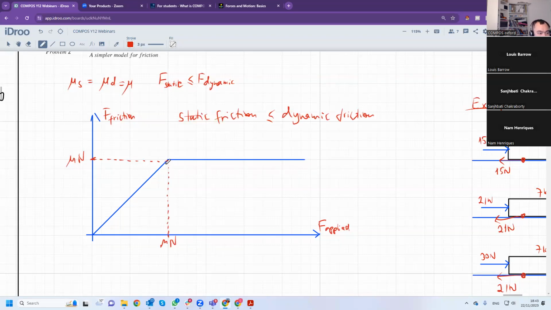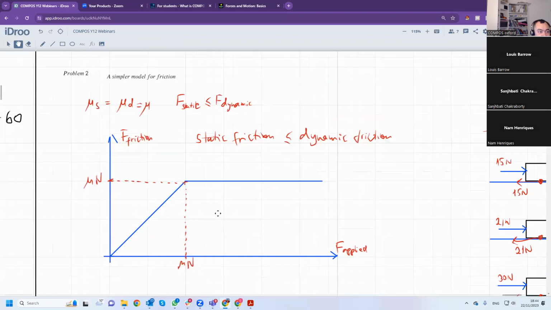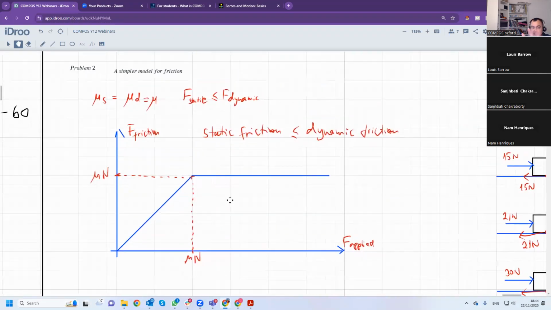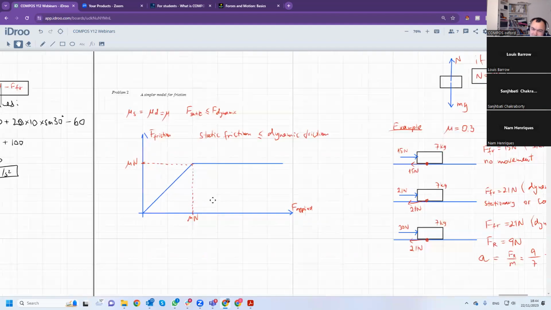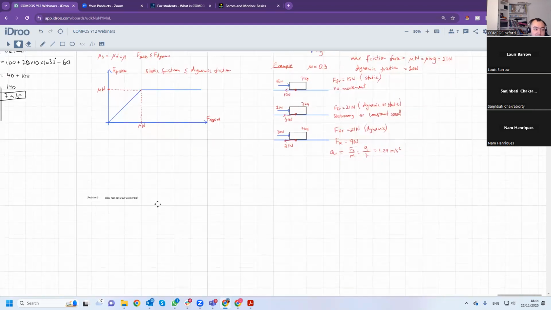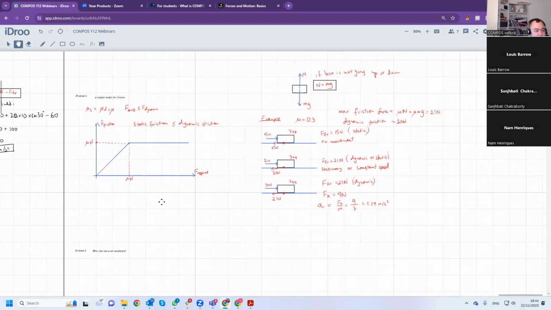Exactly. The maximum static friction is equal to dynamic friction. And this solves most problems. You don't need to worry too much about them. And usually the static friction and the dynamic friction have very similar coefficients. So yeah, you don't have to. Okay.